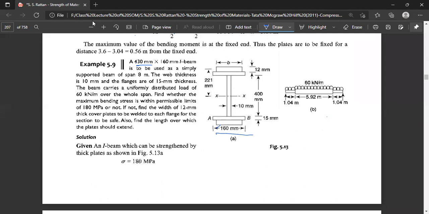So it is supposed to be used as a simply supported beam of span 8 millimeter.